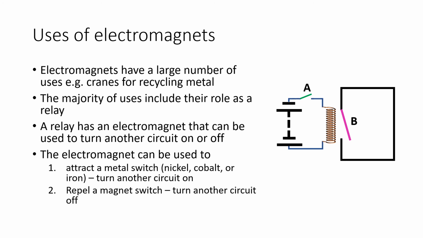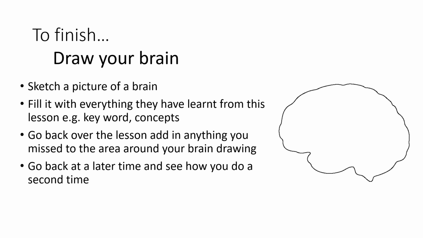And of course, the classic example is a large crane at a car crushing plant or car recycling plant that can pick up cars and move them. But they always work on the same concept: the electromagnet can be turned on and off. And because it can be turned on and off, it can be used to control another circuit.